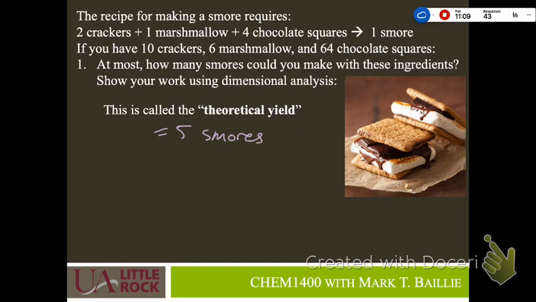I might tweak that a little bit: in the absolute best case scenario, what might happen? In chemistry we know that things go awry a lot, and so we don't always expect the best case scenario to happen. So it's what is the max? What is the best we can possibly do? Does that make sense? I don't want to say that we're always expecting the best case. So this is the best case scenario.